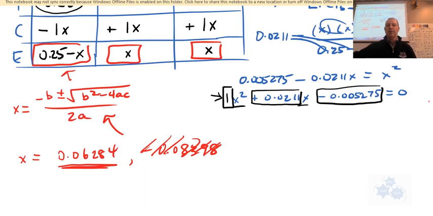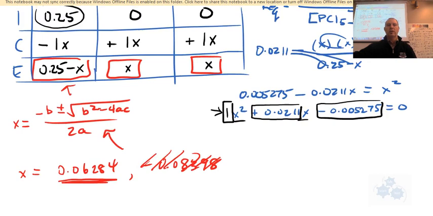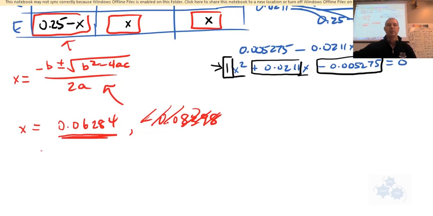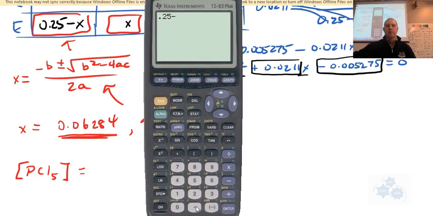And then for the final concentrations, you're going to simply use that. So we got the concentration of PCl5 first, and that's going to be 0.25 minus this number. So let's do 0.25 minus 0.06284, and we have 0.18716.